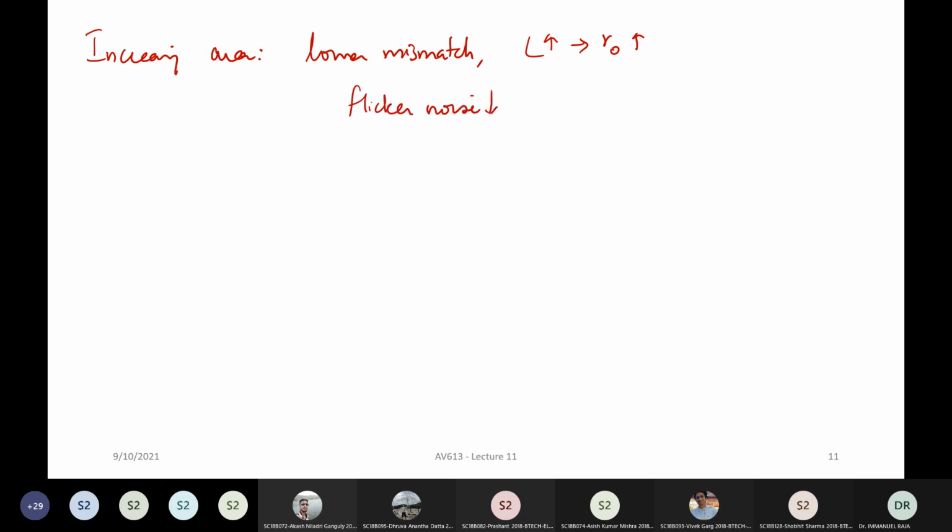Okay. So for random mismatch, this is the only solution: you increase your area. Of course, when you talk about offset in op-amps, there are other techniques to take care of offset, like chopping and offset cancellation.